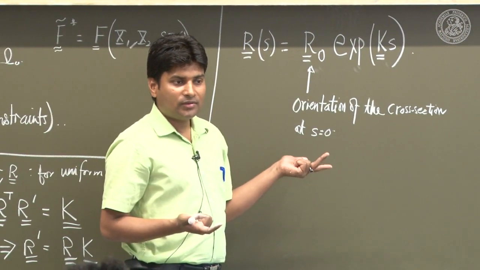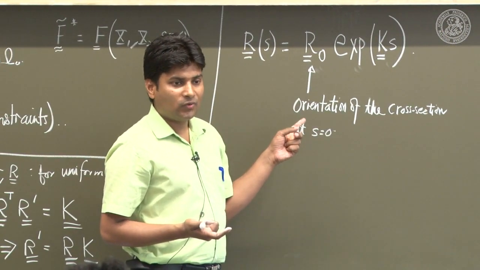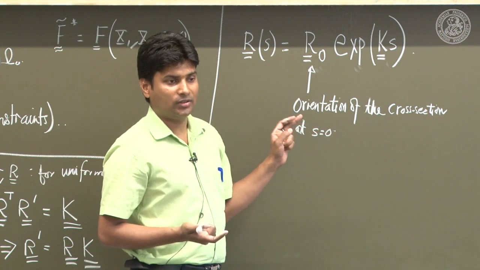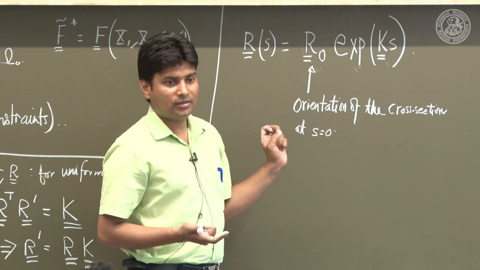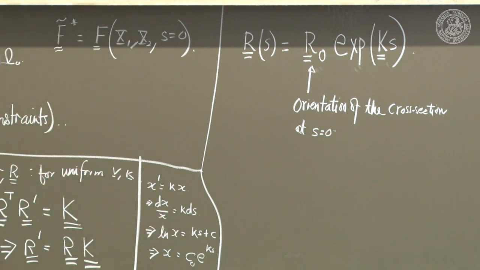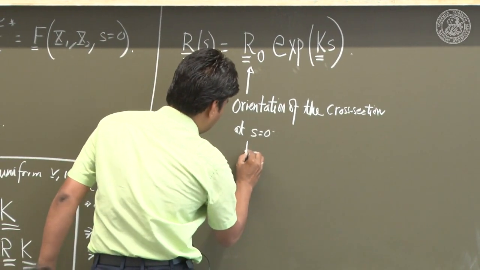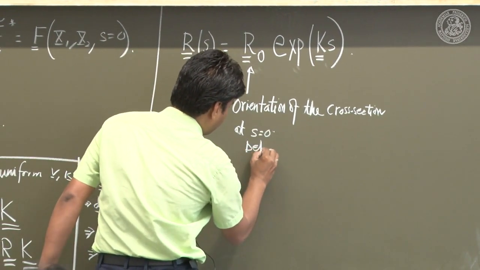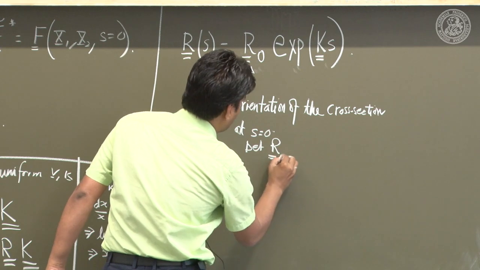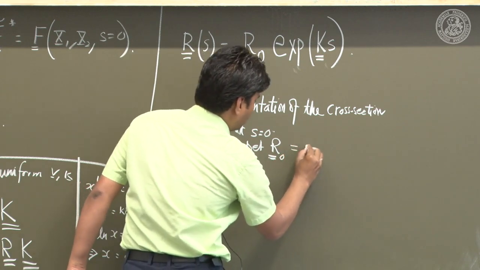It won't really do any harm if we set big R naught equal to identity, isn't it? It will be just like rotating the whole rod rigidly by big R naught. Okay. So we are just going to do that. So, set big R naught equal to identity.